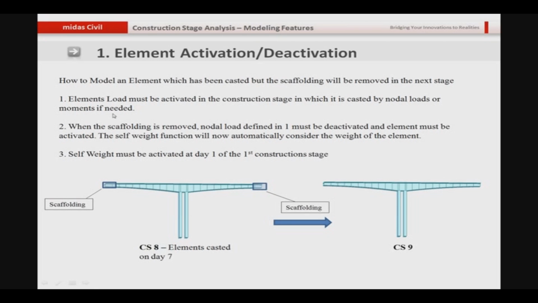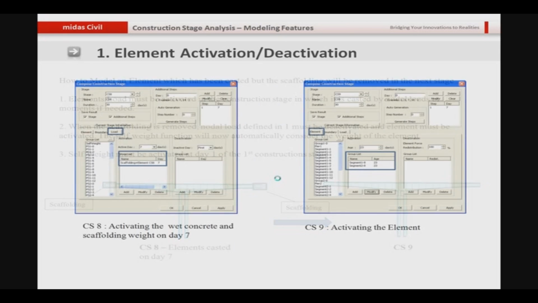So we can follow this methodology. We can model the load of the element and we will not model the element. And when the scaffolding is removed, the load that we modeled for these elements will be deactivated and the element will be activated, and once you activate the element, the self-weight will automatically take care of the weight of the element.